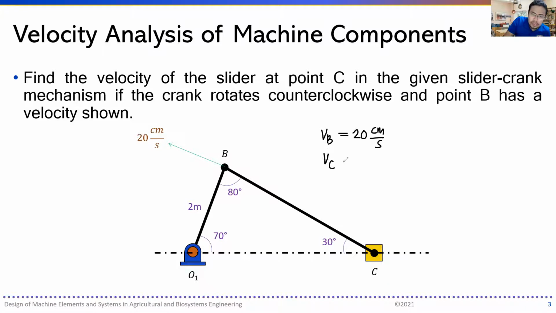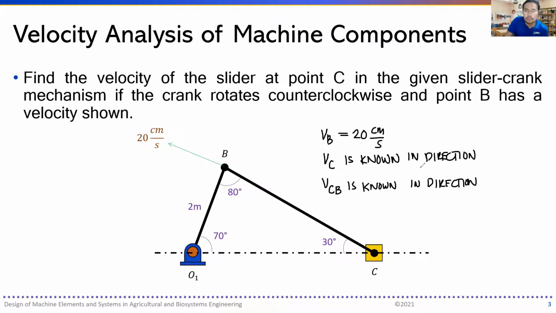VC is known in direction, and VC with respect to B is also known in direction. Now, where does the graphical analysis or solution come in?